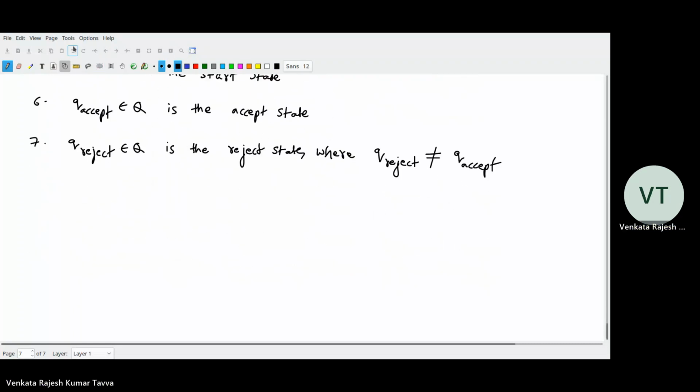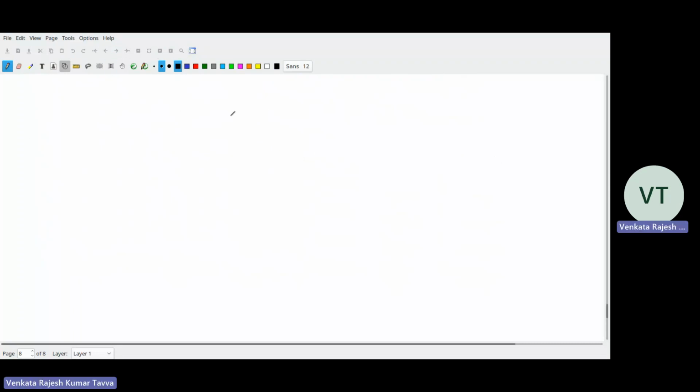Now what will we get next once we look at the formal definition? Now the formal definition of computation for a Turing machine.